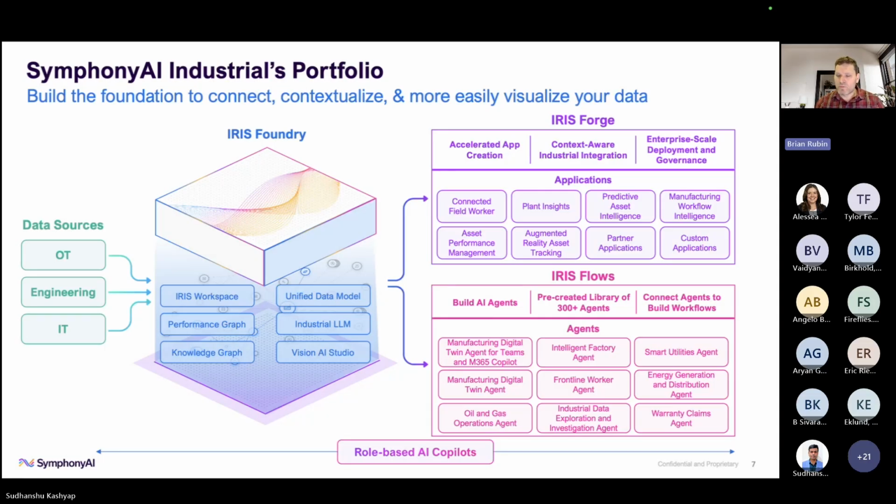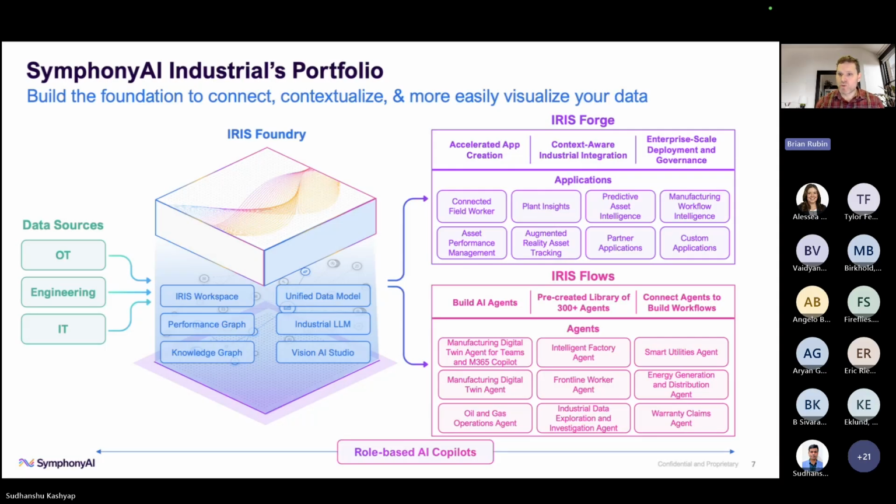So Iris Forge is a generative AI platform that allows us to generate applications directly within Foundry, leveraging all of the tools that are available within Foundry, all the analytics, the data, the contextualized data, etc., using MCP technology, MCP servers, and MCP clients to bring in the data, understanding what data is available, what kind of tools are available that were built, what kind of agents are available, and then build a particular application for the particular use case.